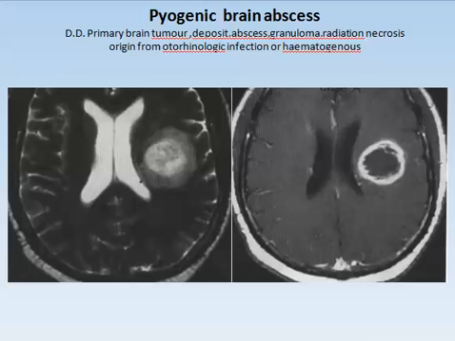Pyogenic abscess: the differential diagnosis is a primary brain tumor, deposit, granuloma, and radiation necrosis, and here the origin is coming from the ear. We should exclude such an appearance. The famous smooth ring enhancement is the characteristic appearance of the pyogenic brain abscess.